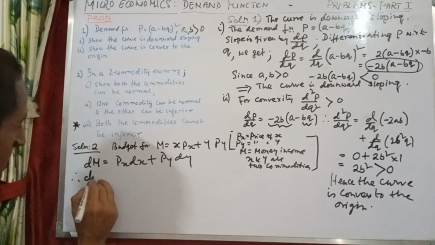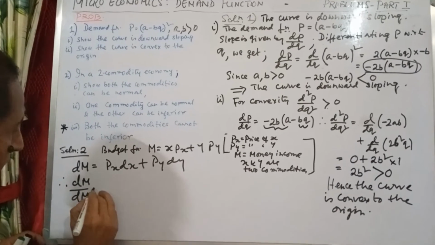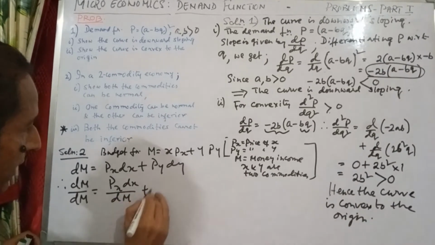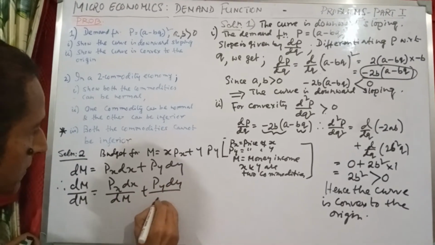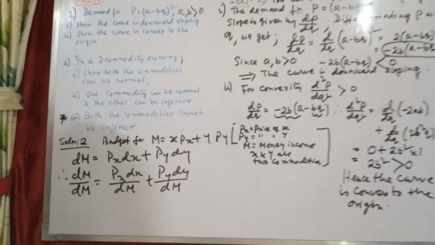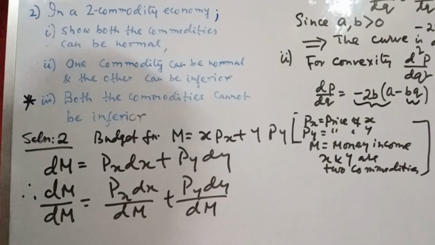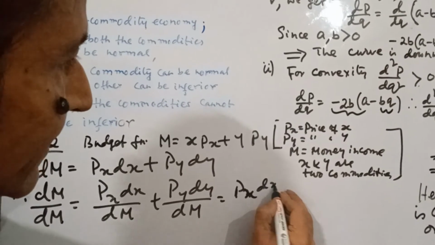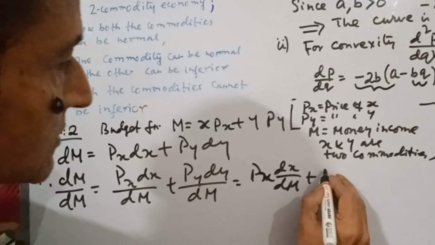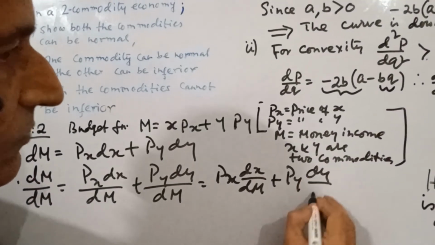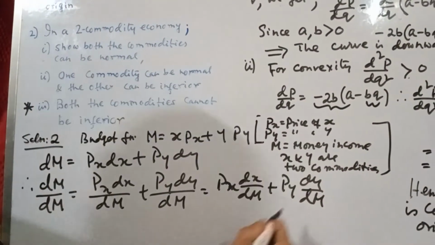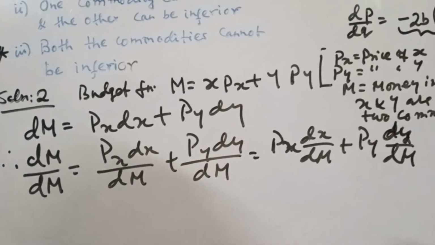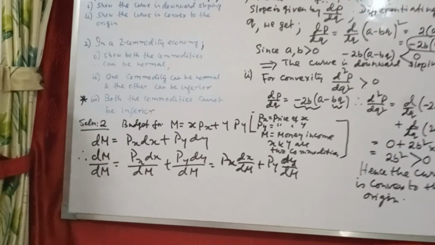Therefore, dm by dm equals px dx by dm plus py dy by dm, equals px dx/dm plus py dy/dm. Correct?